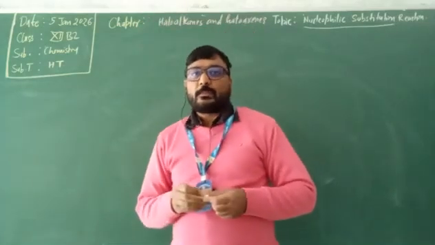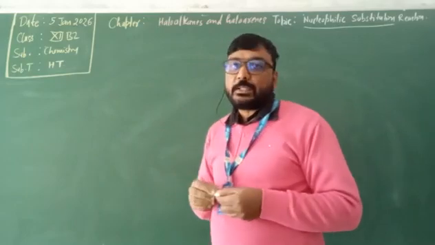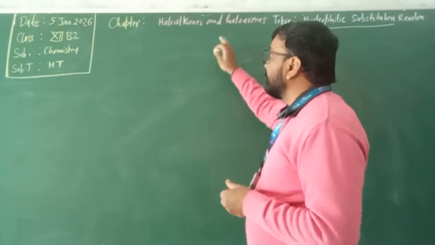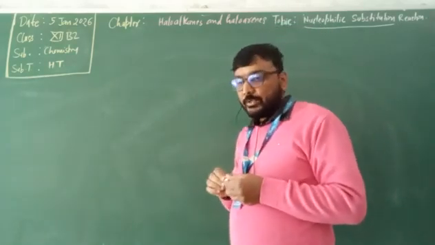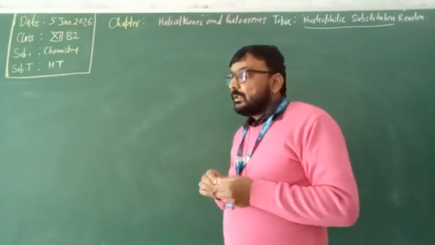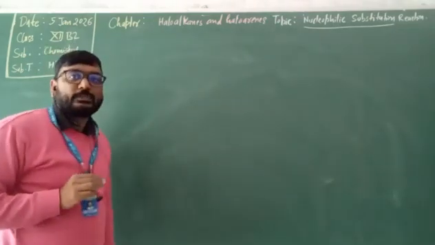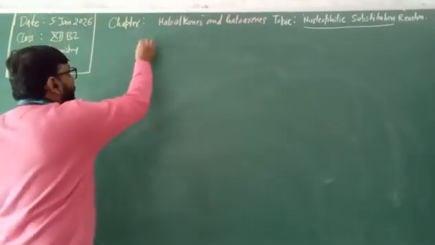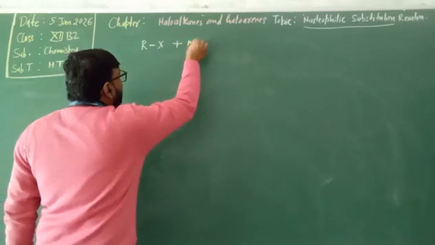Hello students, here I am going to solve some problems based on the concept of nucleophilic substitution reactions from the chapter haloalkanes and haloarenes. Is it clear? As we know, in nucleophilic substitution reactions the nucleophile attacks the substrate, and the substitution takes place with the respective product.